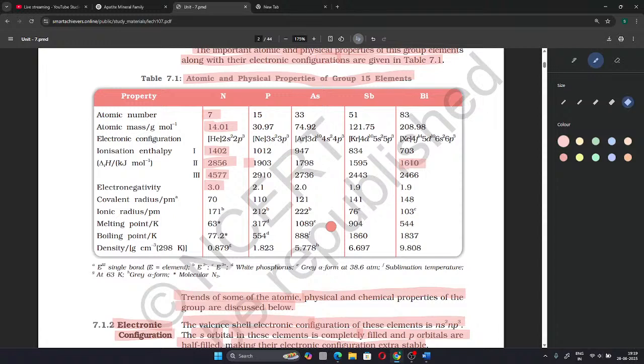This is covalent radius. As you see here, there are f and d subshells in bismuth, and antimony has d orbitals. Even arsenic has d orbitals.